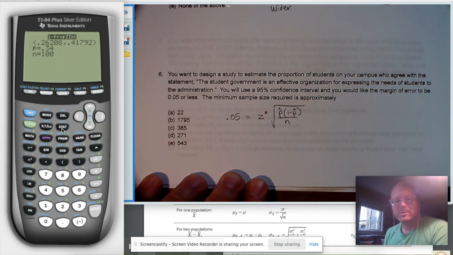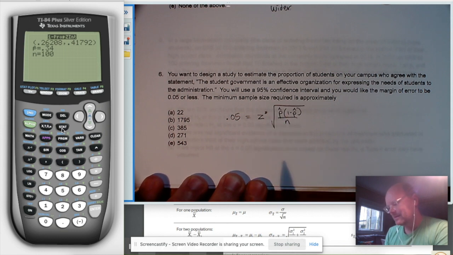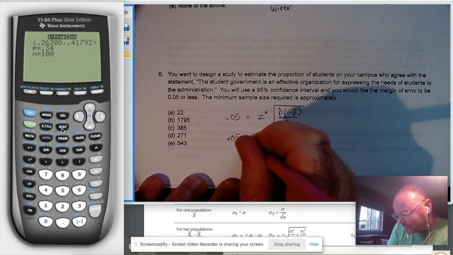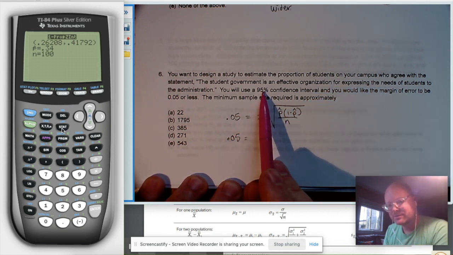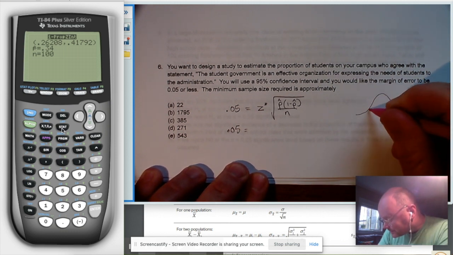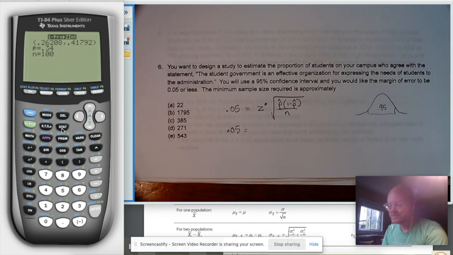So I'm going to solve this equation for n. But wait, you need to have values for z and p hat in order to solve for n. So 0.05. The z value is okay. We want a 95% confidence interval. You might already have this value memorized, but just in case you don't, imagine trying to capture the middle 95% of every distribution.